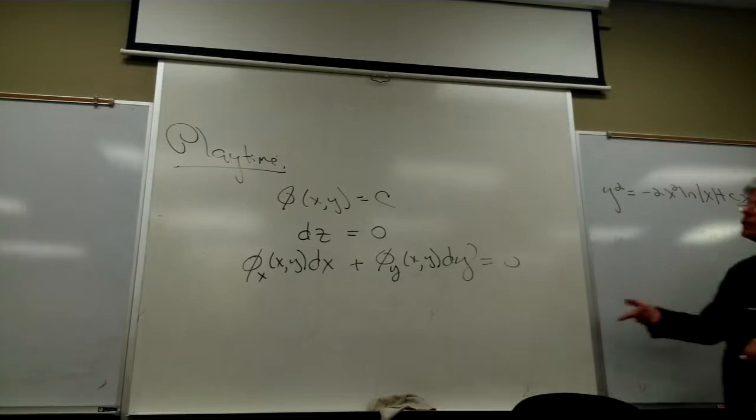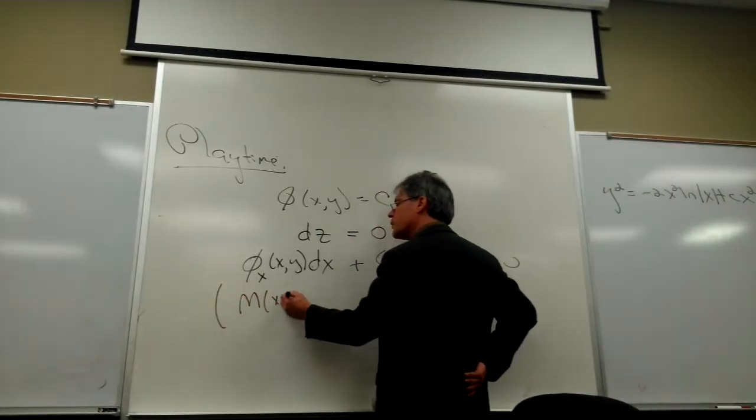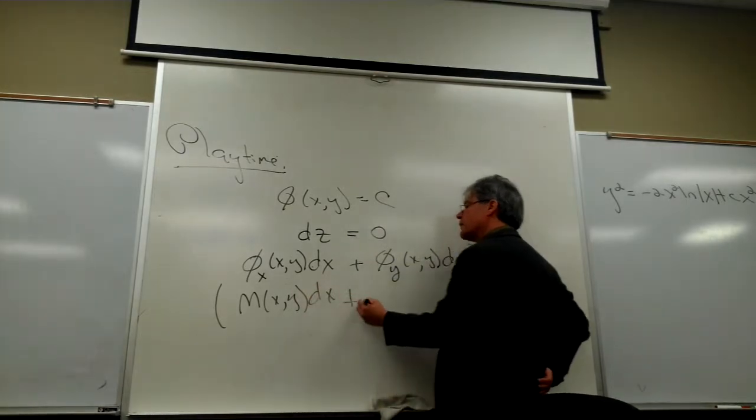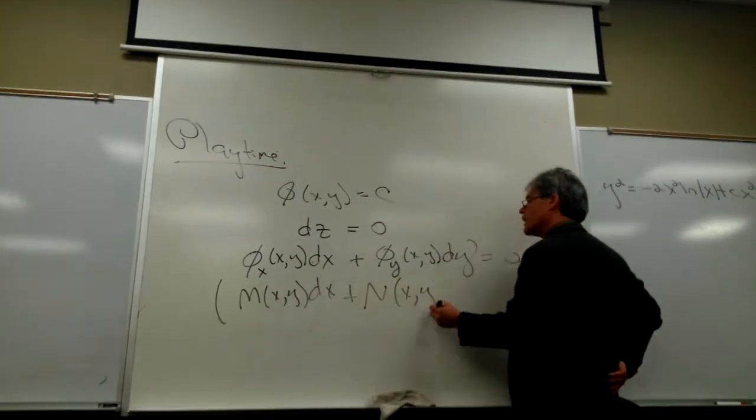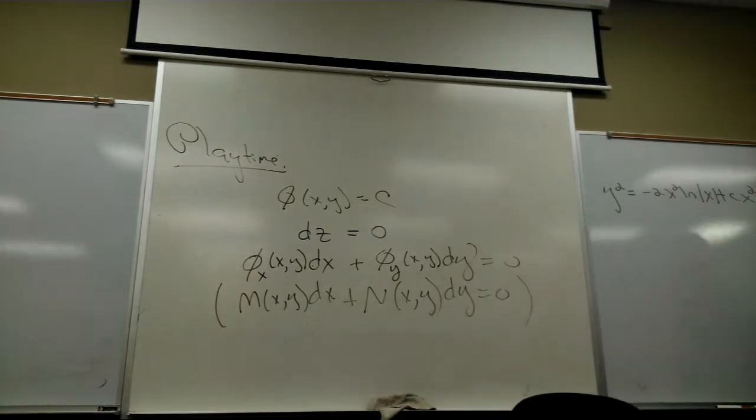And I maintain this looks just like my equation over there: my function M in terms of x and y, dx, plus my function N in terms of x and y, dy, being set equal to 0. By the way, what I have in parentheses there is really how to actually solve this DE. I've not talked about solving a DE yet. I'm just playing around with total differentials.